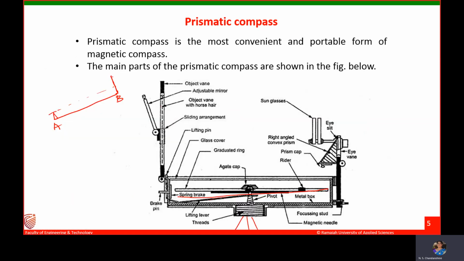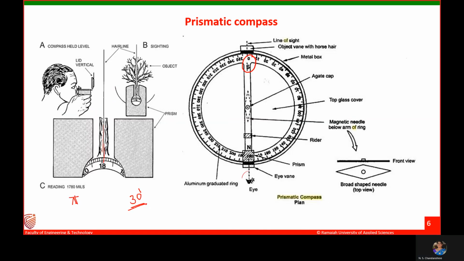So when the needle is in this fashion, we can press this brake pin, which will help us in suspending the graduated needle or the graduated ring in a proper way.